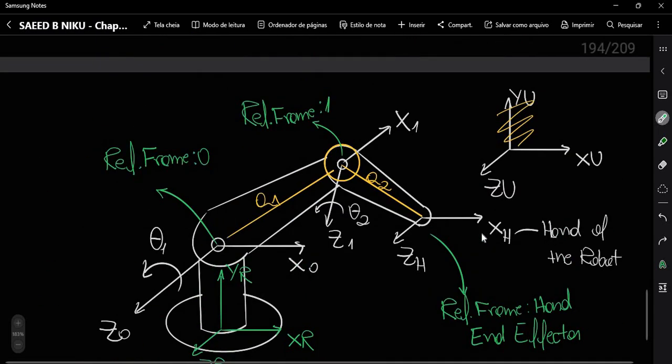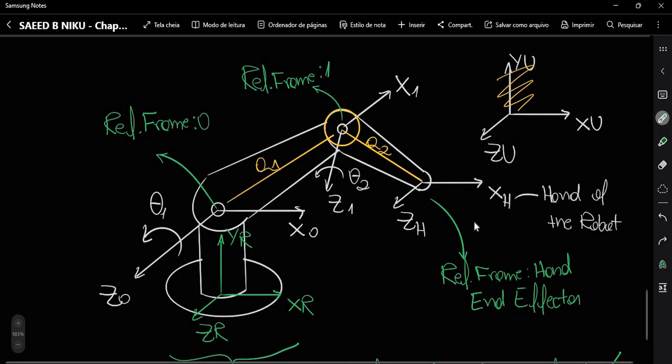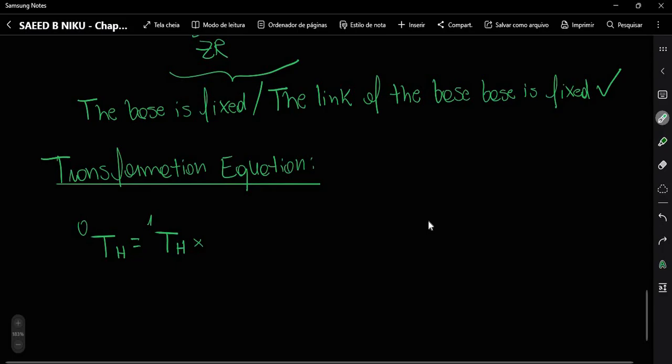Okay, and now we can write a third transformation. The reference frame 0 is a reference frame to the frame 1. So we write a transformation of the frame 1 in relation to the frame 0.